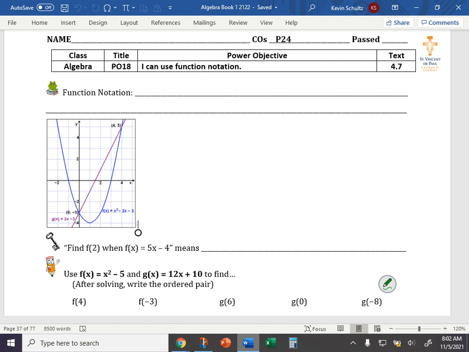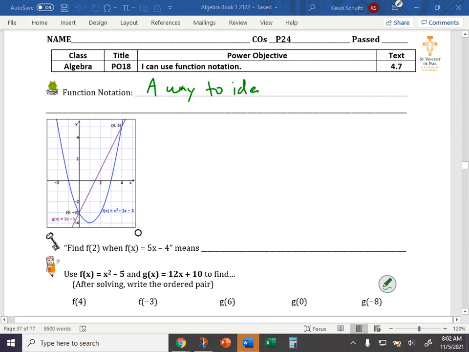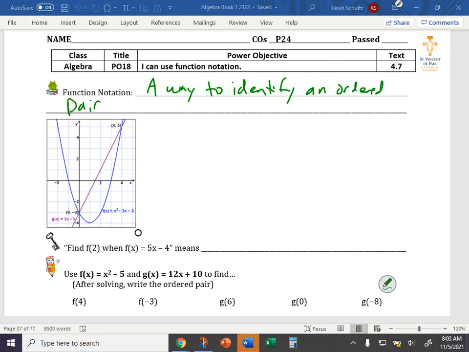And let's define it. Function notation is a way to identify an ordered pair in a relation that is a function.